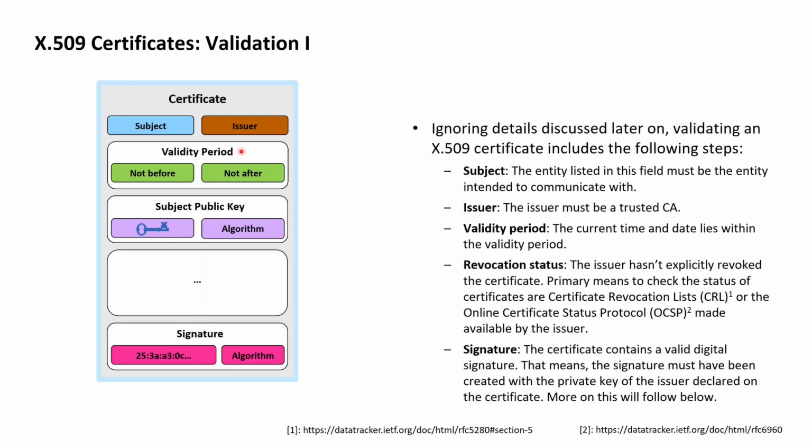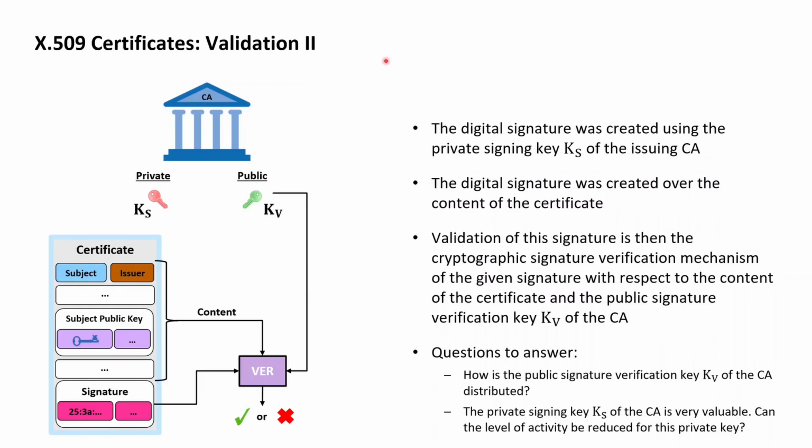The last field to validate is then the digital signature contained in the certificate. We know that the digital signature must have been created with the private key of the CA listed as issuer and is a signature across the content of the certificate from the beginning of the certificate up until the signature, but excluding the signature.